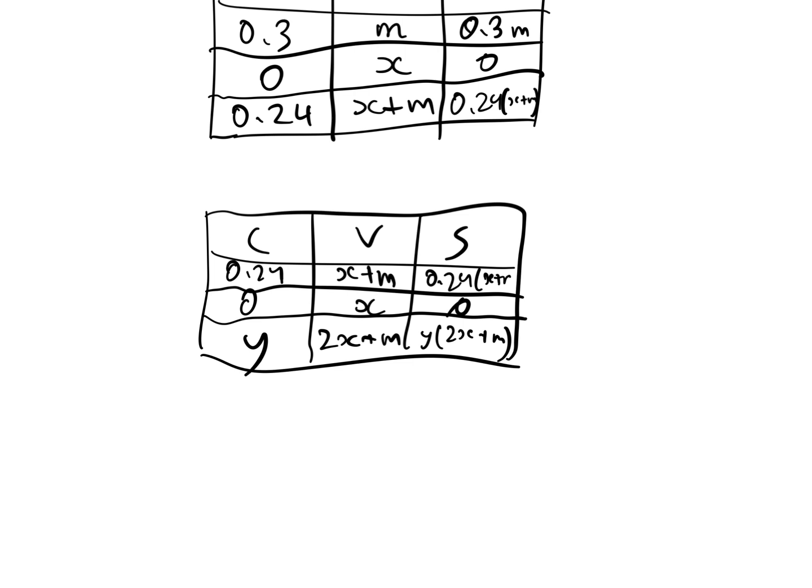Now what can we work out? So if you've figured out that some things are equal here, we know that 0.3 M is equivalent to this, like that.